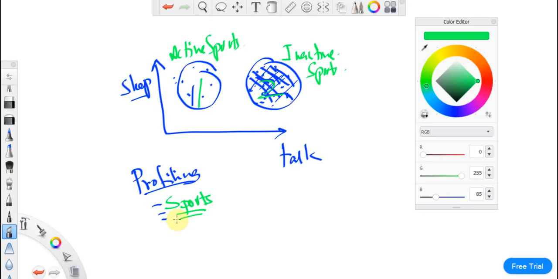So sports might be a variable which we can use to profile. That means we'll find that these two groups are different in terms of this variable, and by looking at that profiling variable itself we'll be able to target any of these groups effectively. So for the director to avoid these groups, we will only select those who are active in sports, so that the chances of people from these groups are reduced.